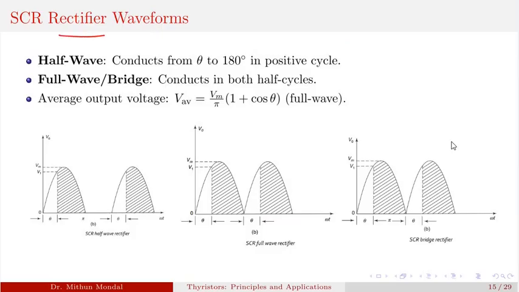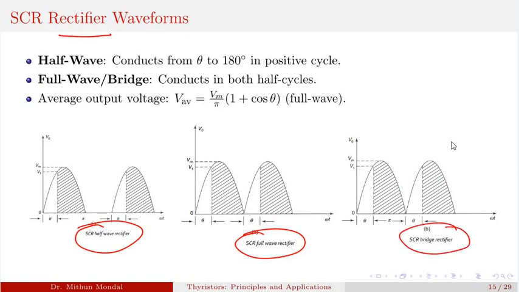Looking at the SCR rectifier waveforms for the half wave, the full wave, and the full wave in the form of a bridge rectifier: in the half wave, the conduction takes place from theta to 180 degrees. This theta is controlled with the help of the gate signal, and hence it is known as a controlled rectifier. It is in the positive cycle for the half wave. In the full wave or bridge rectifier, it conducts in both half cycles.